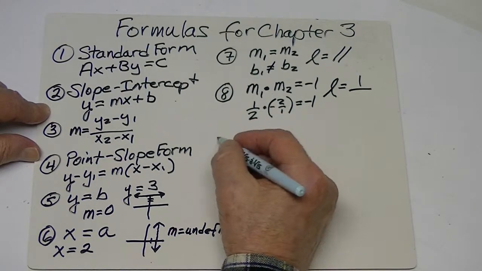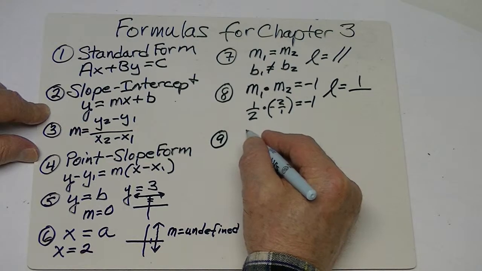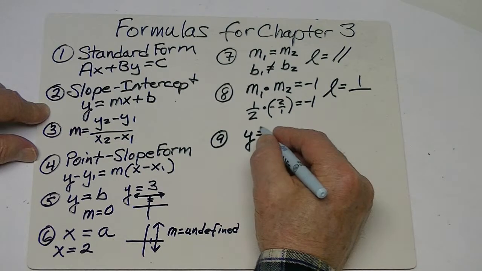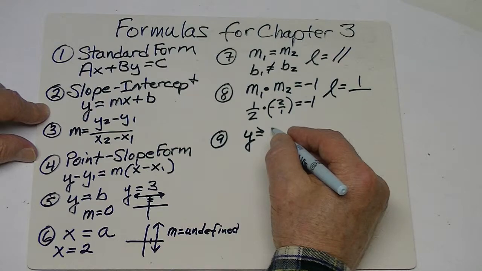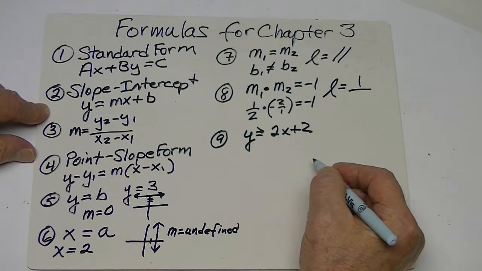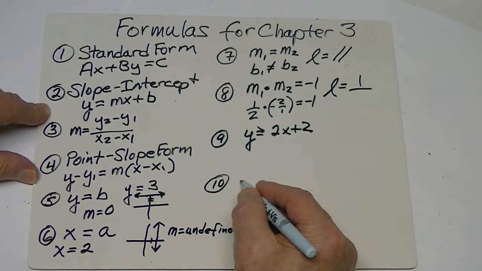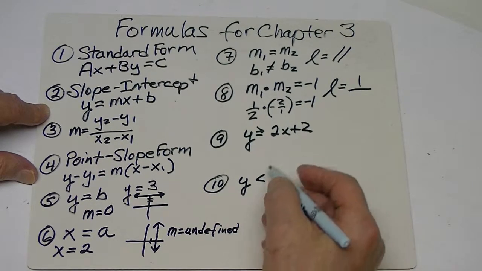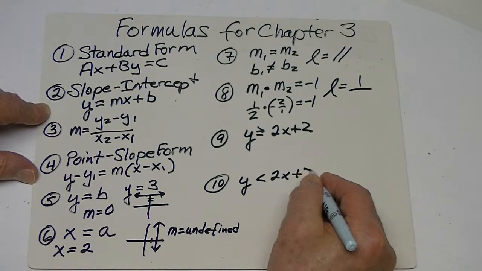And to wind this up a little bit, in number 9, if we're plotting, let's say, y is greater than or equal to 2x plus 2, and then we'll do number 10 here. y is less than the same thing, 2x plus 2.